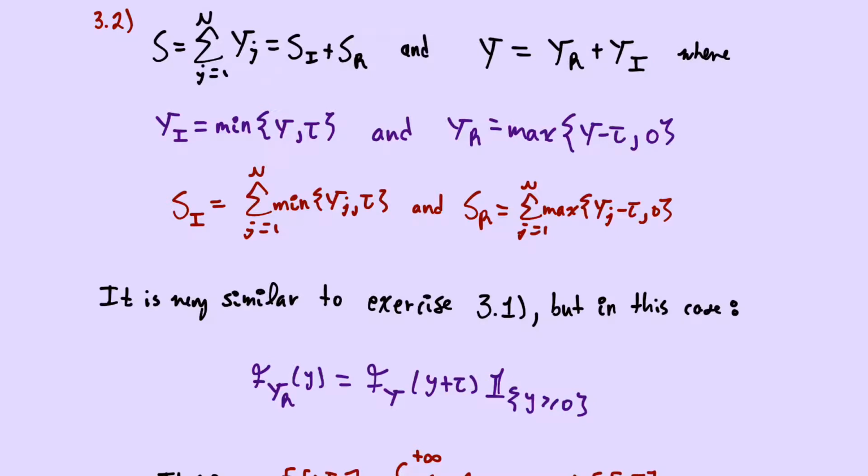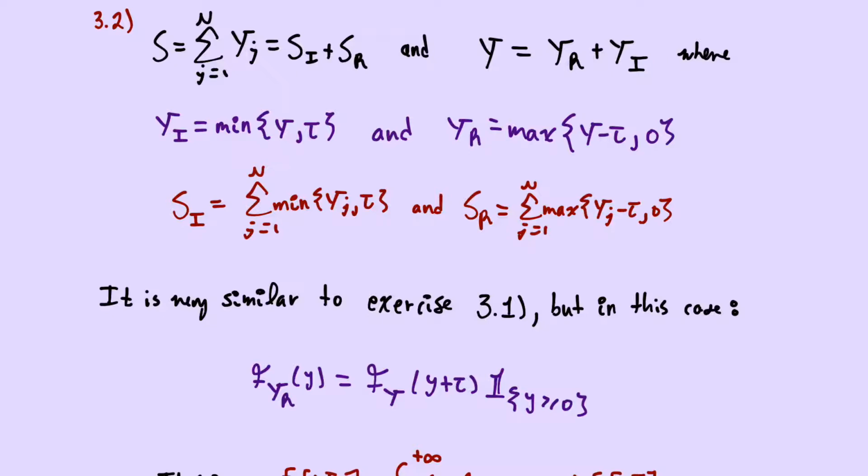for each severity random variable, you define two random variables, YR and YI. To be more correct, we would have to use the subindex j here, but we will avoid this until it's really necessary to be clearer with the symbols.